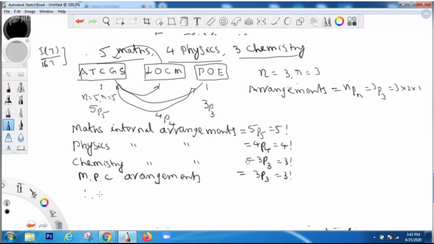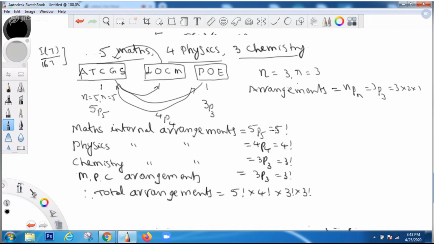Therefore, total arrangements is equal to 5 factorial into 4 factorial into 3 factorial into 3 factorial. Why into?